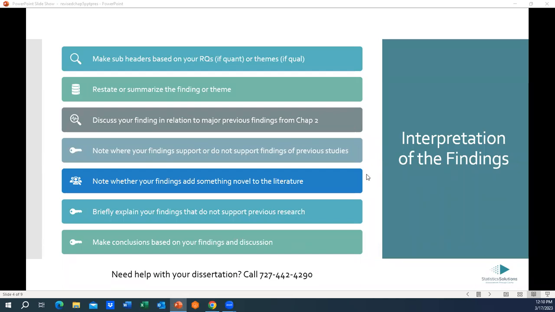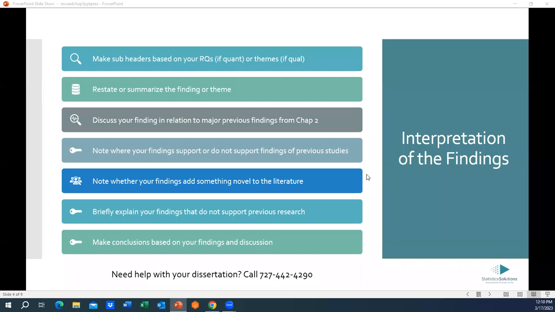If your findings support previous research, yes, they confirm what's in some of the major research, then you can make conclusions on that, right? Because here's what you found. Your finding supports previous research. That means you can make a pretty solid conclusion based on that.